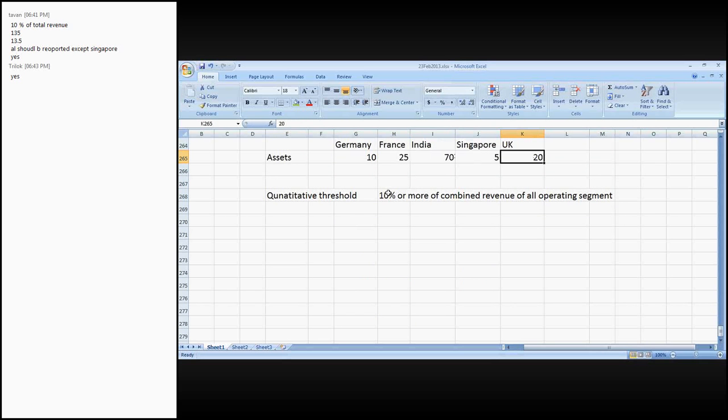So the quantitative threshold is 10% or more of combined assets of all operating segments.